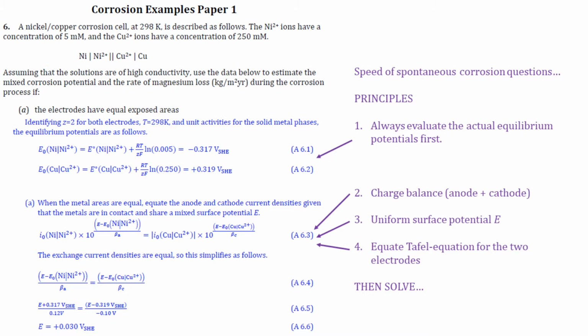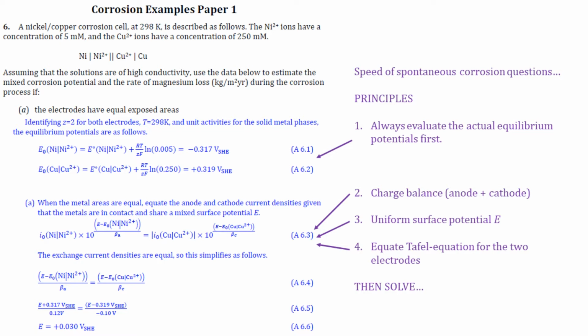We have uniform surface potential because we are told that the solution has high conductivity, so there's no voltage losses. The only polarization terms are in the Tafel equation. We are also using the Tafel equation for both the anode nickel dissolution rate and the copper electroplating rate. If we're not told to do otherwise, then we should be using the Tafel equation to describe the speed of corrosion.